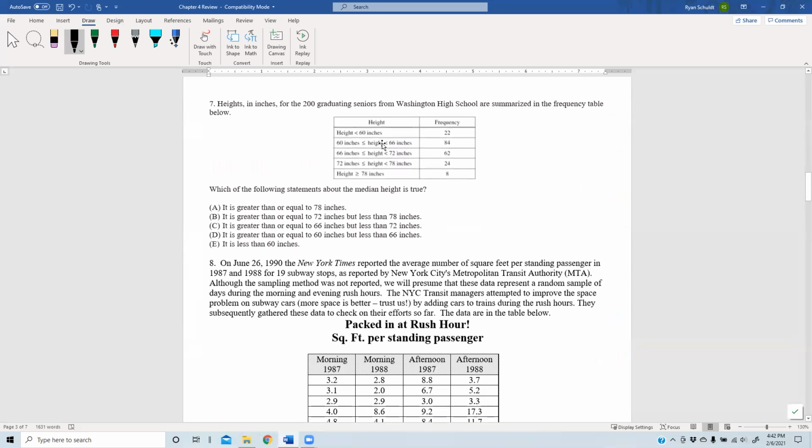Seven. Heights in inches for the 200 graduating seniors from Washington High School are summarized in the frequency table below. Which of the following statements about the median height is true? Okay. So we have 200 graduating seniors.